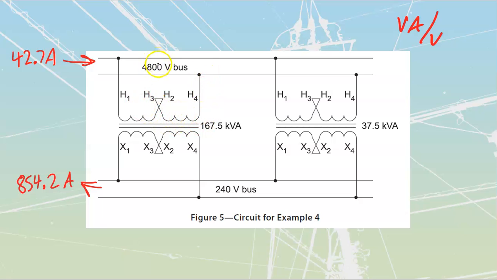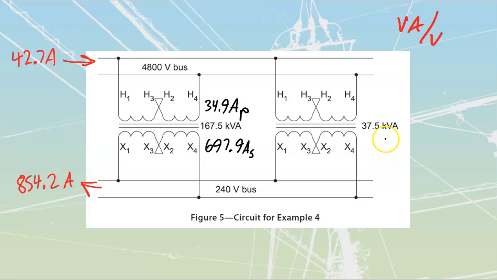It's a series connection, so we need to use the high value. 167.5 divided by 4800 gets us to a primary current of 34.9 amps. And if I take a look at my secondary, it's 167.5 divided by 240, which gets me to 697.9 amps secondary.